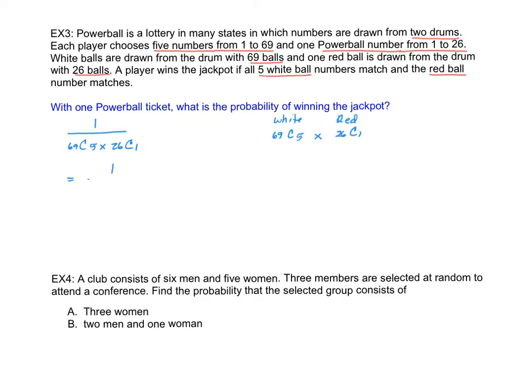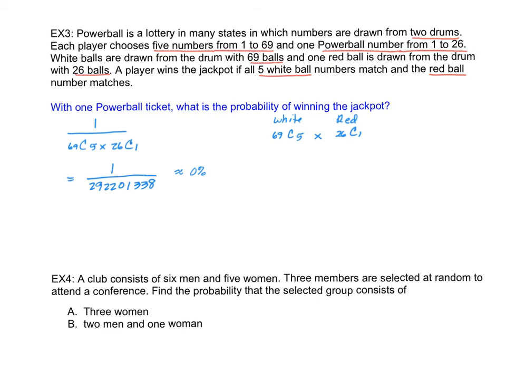That would be 1 over, again, double check me on this, 292,201,338, which is 0.00000, a lot of zeros, 3, 4 at the end, and that's approximately 0%.